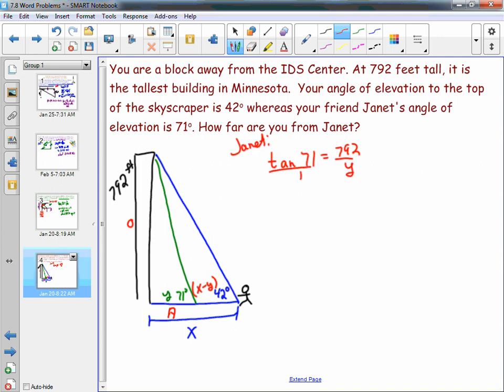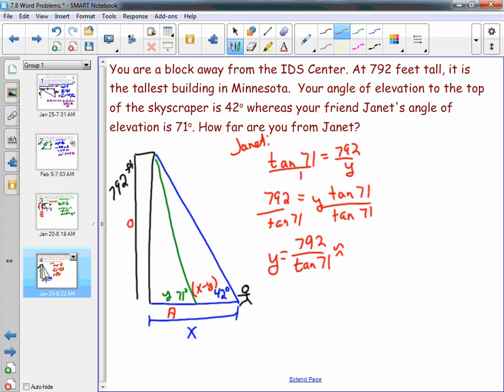Again, we will cross multiply, and we find that Janet is approximately 272.707 feet away.